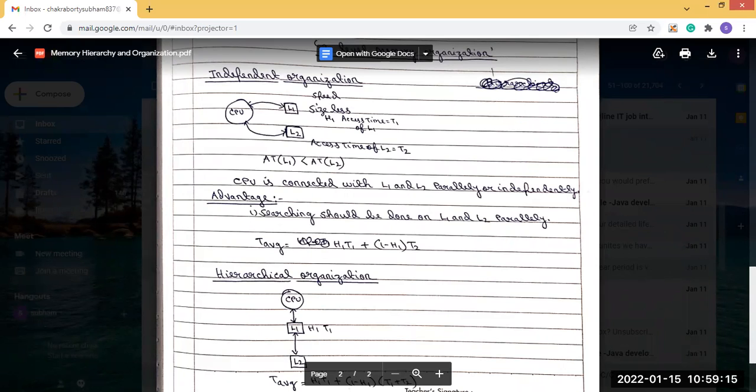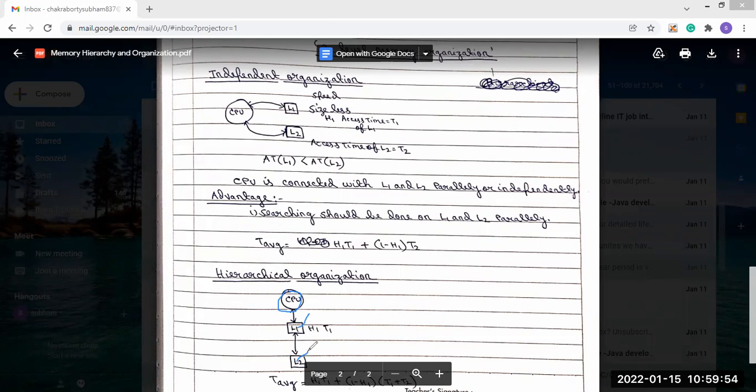Basically, there will be the CPU, and the CPU will be connected with the level 1, L1 device, and this L1 device will be connected to the L2 device. This L1 device will have the least access time, because it is directly connected with the CPU.